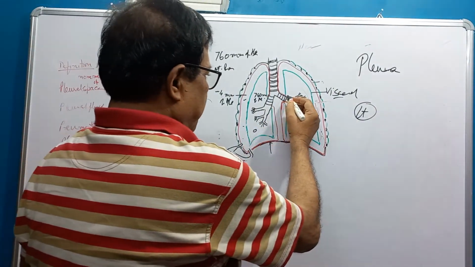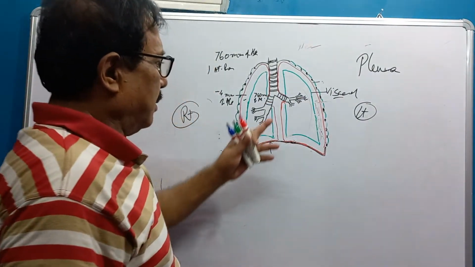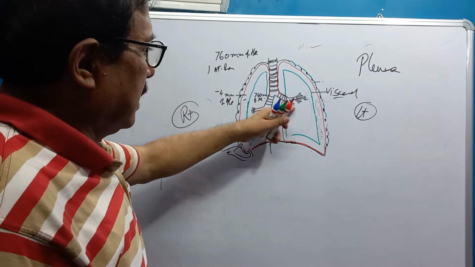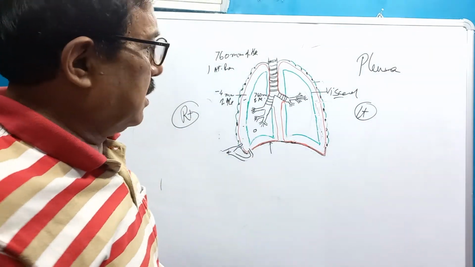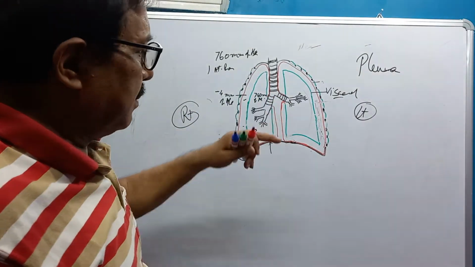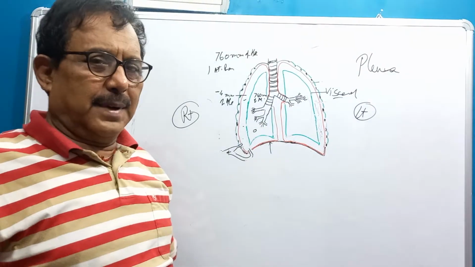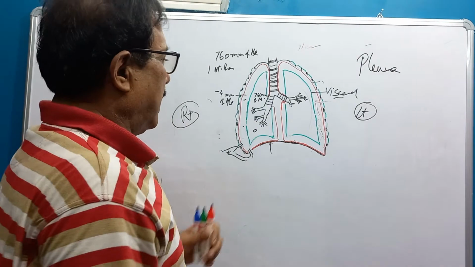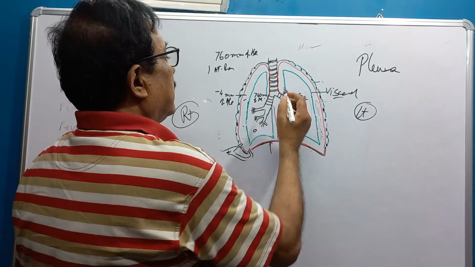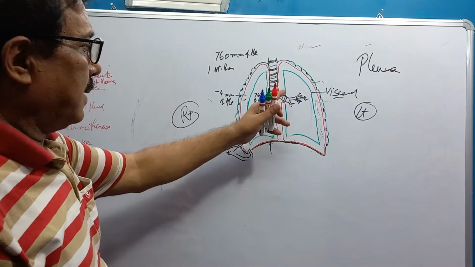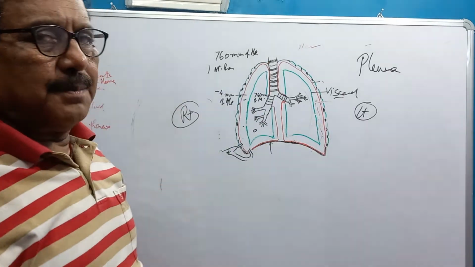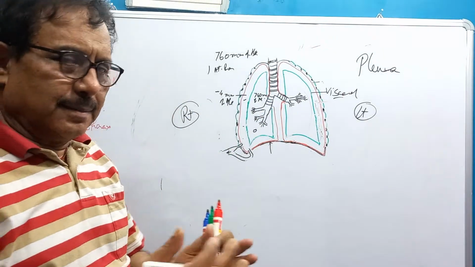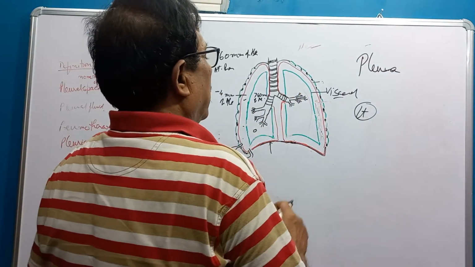The hilum is the position of the lung at which the main bronchus, blood vessels, etc. enter into the lung. At the hilum, the pleura will reflect onto the inner side of the thoracic cavity or chest wall.